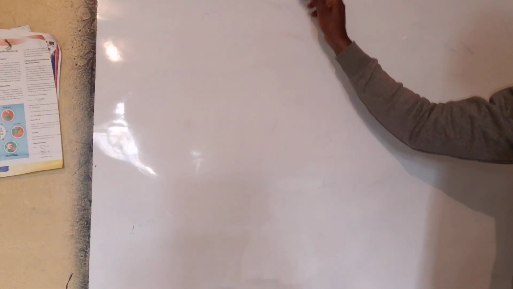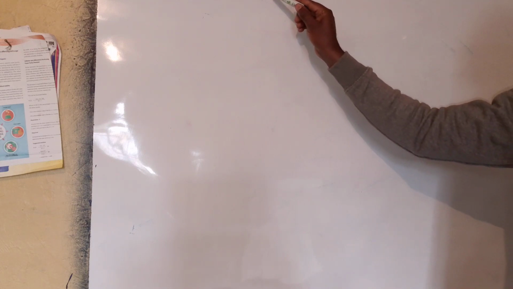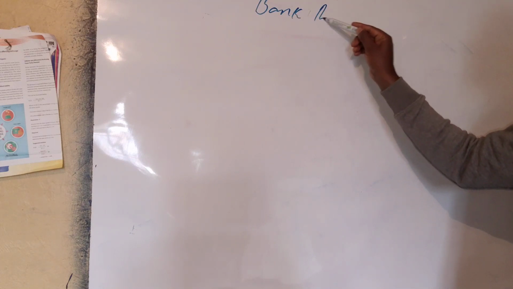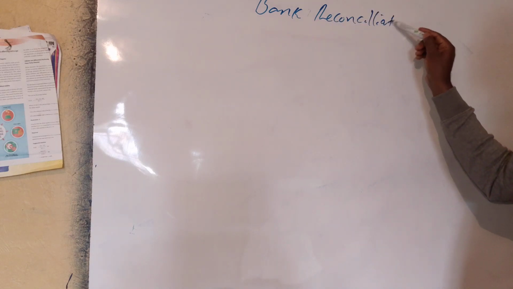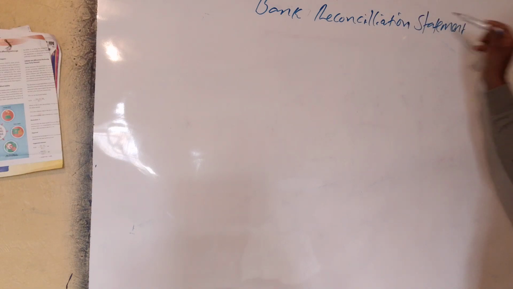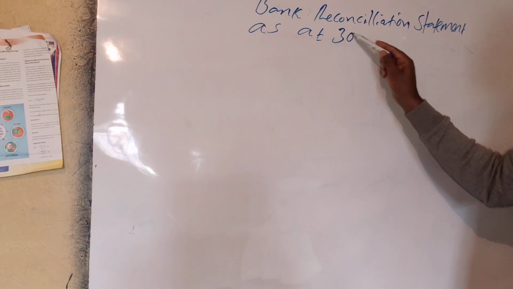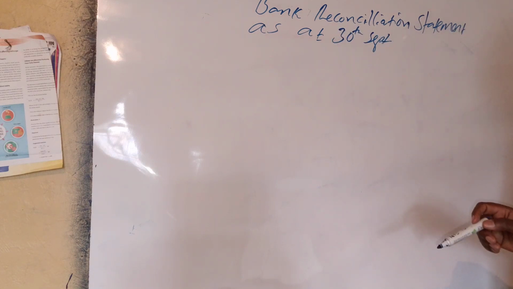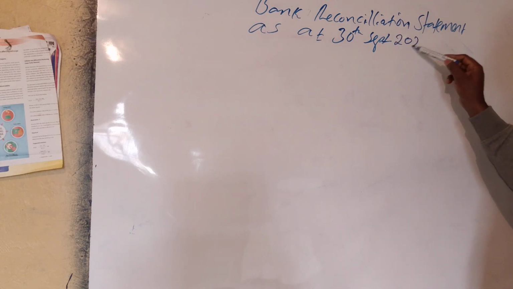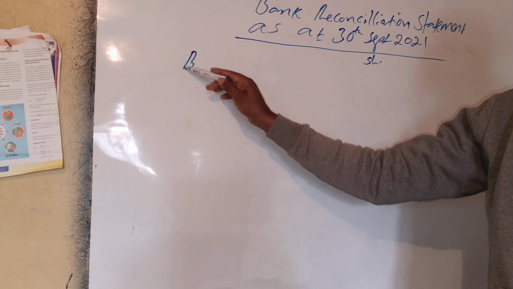Here you come and say Legume Traders, bank reconciliation statement, as at September 2021. Here we are using shillings.